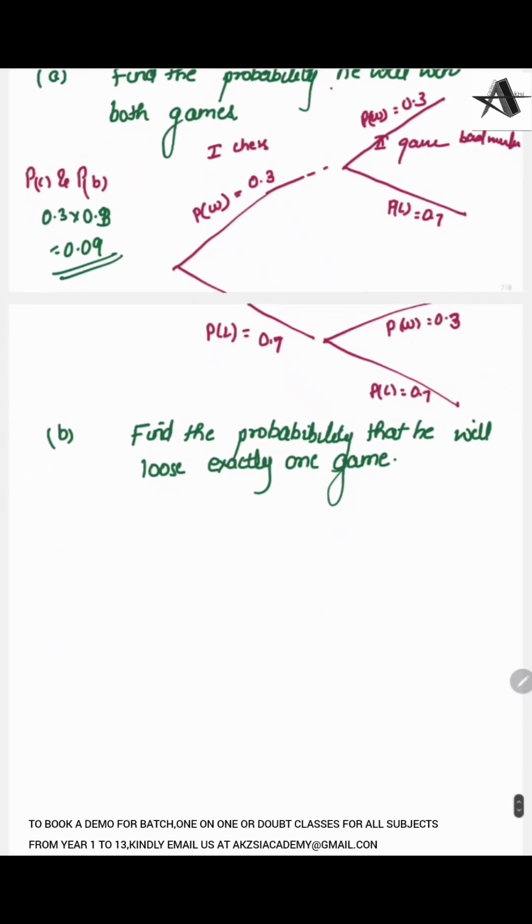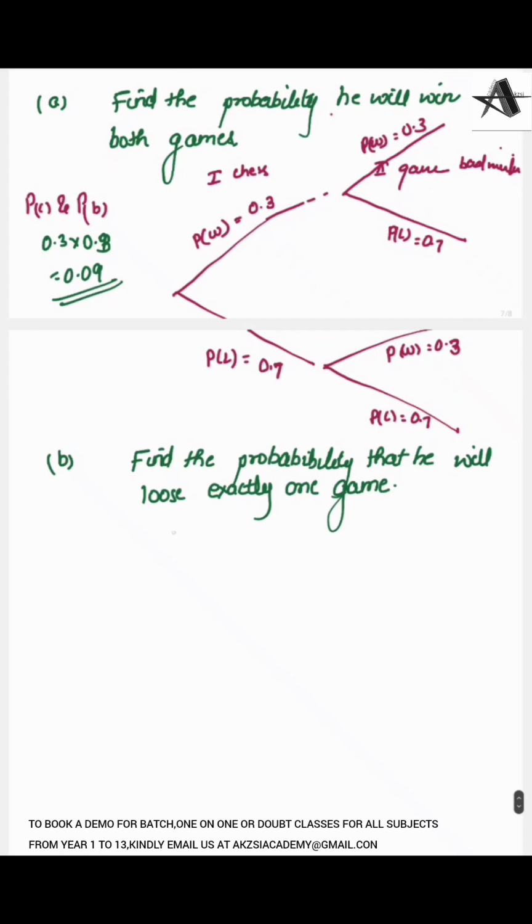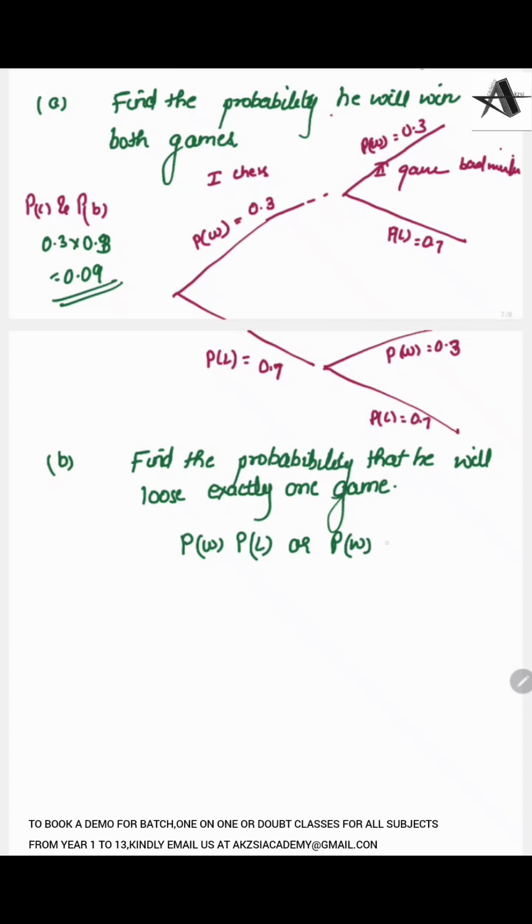Second is find the probability that he will lose exactly one game. That means because he is definitely playing both, the case can be that he won chess but he lost badminton, or he lost chess and he won badminton.